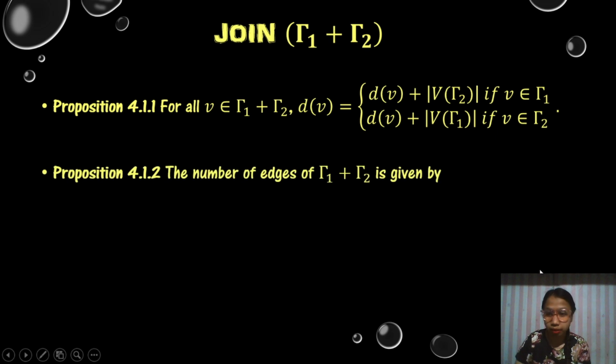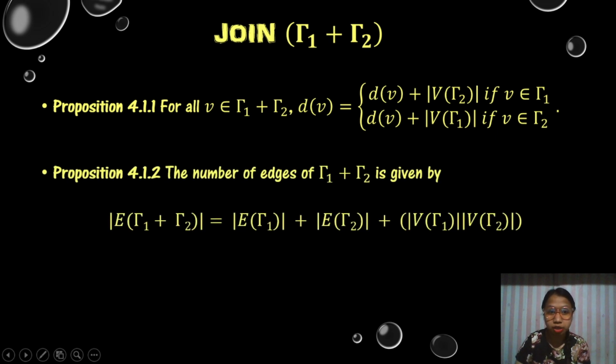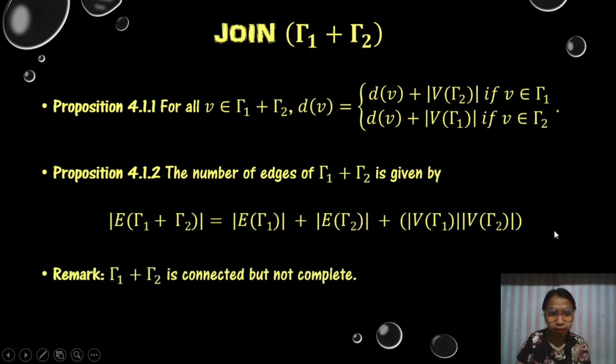Now, applying this operation on the commuting graphs of symmetric groups, we have propositions regarding the properties of the resulting graphs after performing join. For the first proposition, we have the degree of a vertex, and the number of edges is also given here. Then there is a remark that the join of two symmetric graphs is connected but not complete.